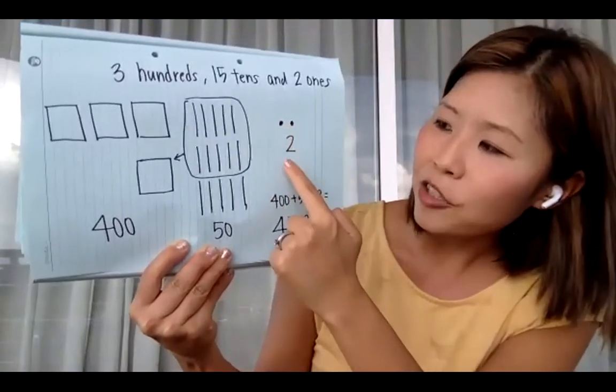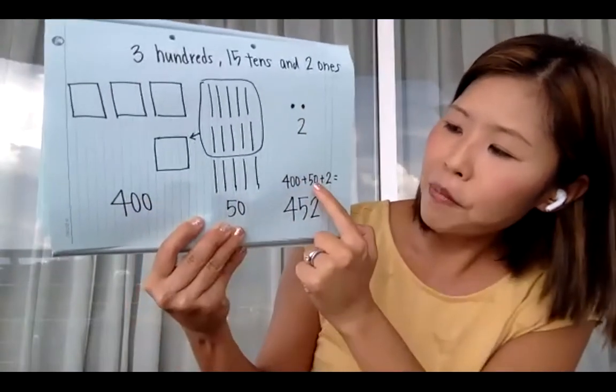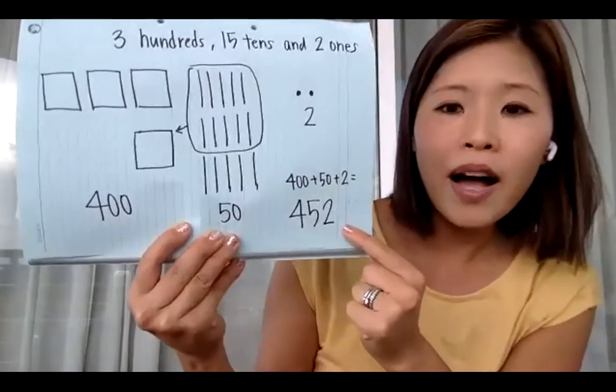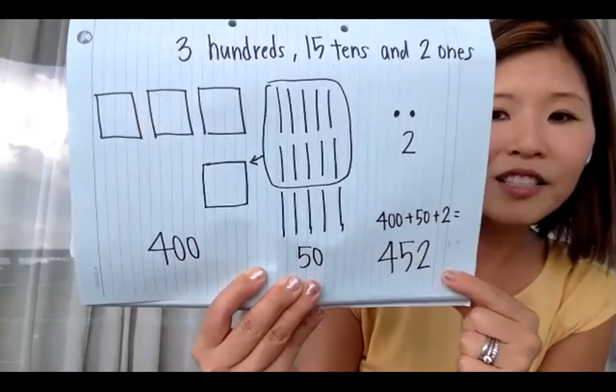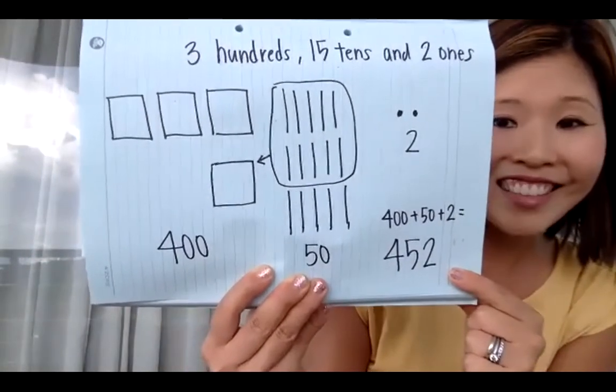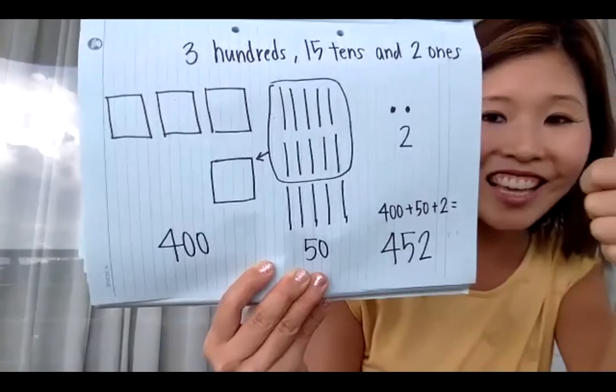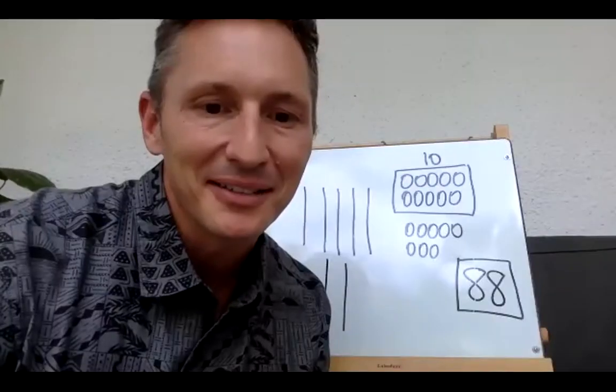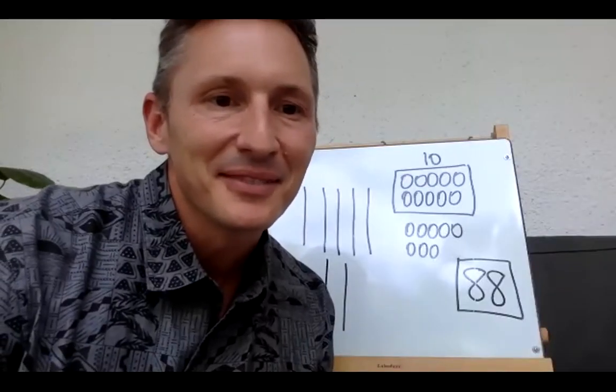And I still have my 2 ones. So I did 400 plus 50 plus 2, and my number was 452. Is that what you got? Good job, guys. Nice work, Miss Yuka. Thank you.